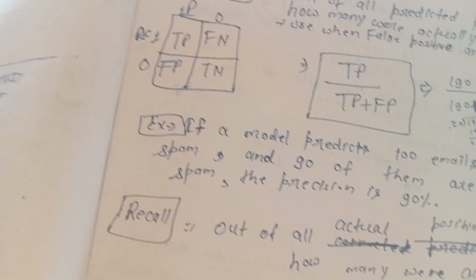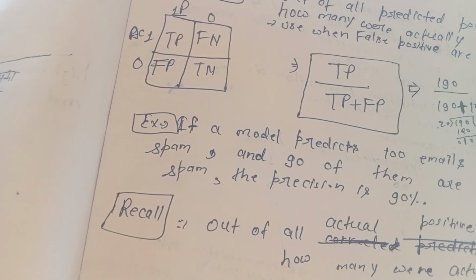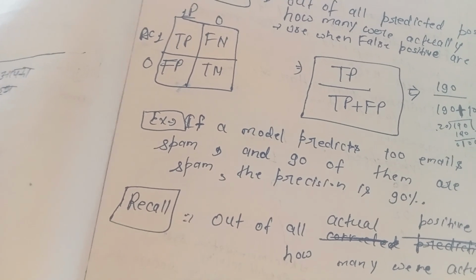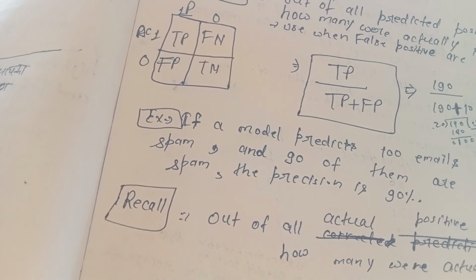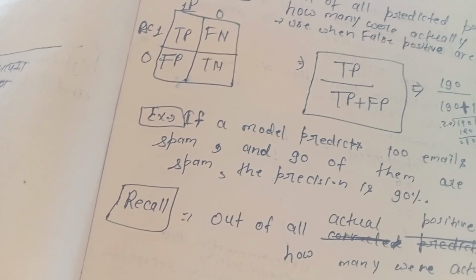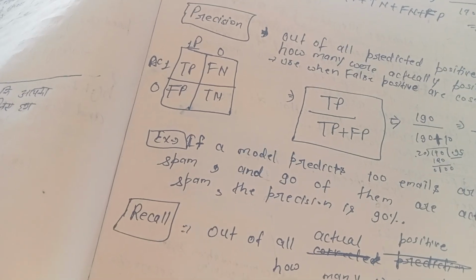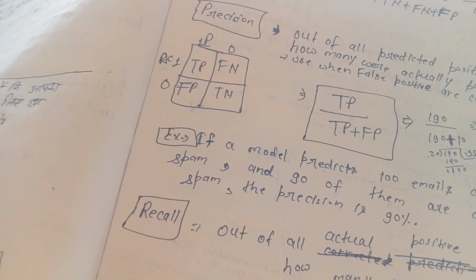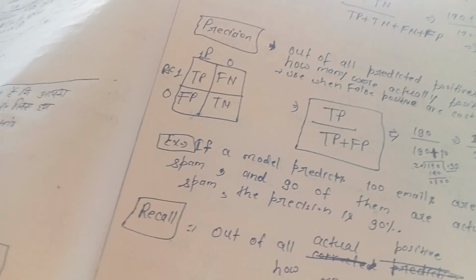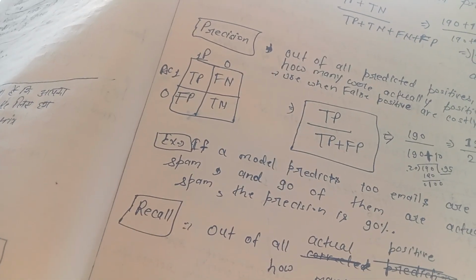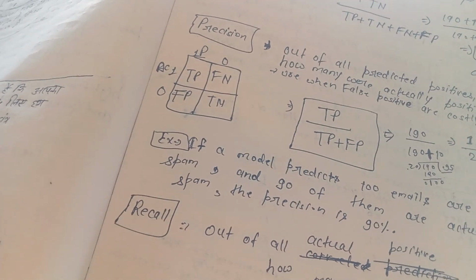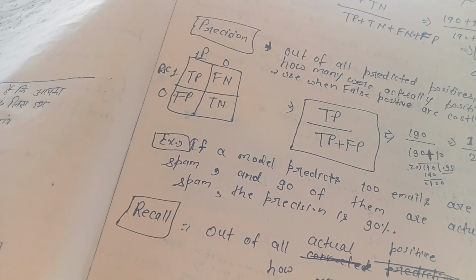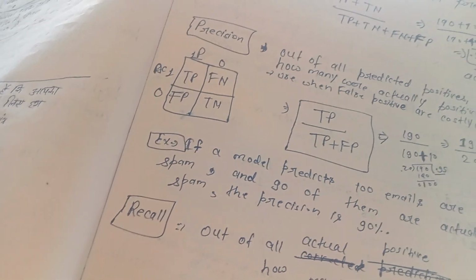What is recall? Out of all actual positive, how many did we correctly predict as positive? Out of all actual positive, true positive.